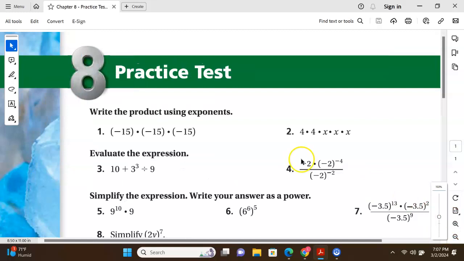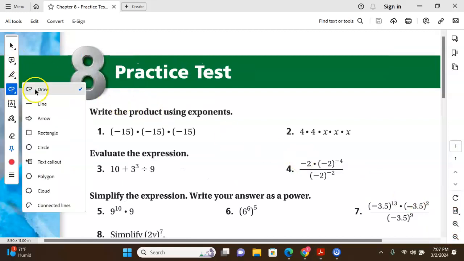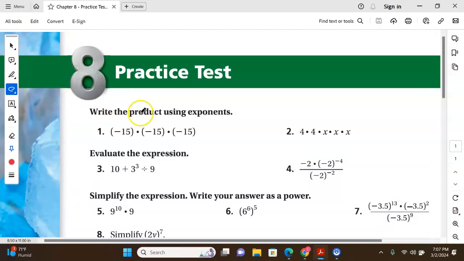Okay, number 1. It says write the product. So make sure you read the instruction carefully. It says write the product using exponents. So they are not asking you to evaluate. So don't take negative 15 times negative 15 times negative 15 and try to figure out what that answer is.